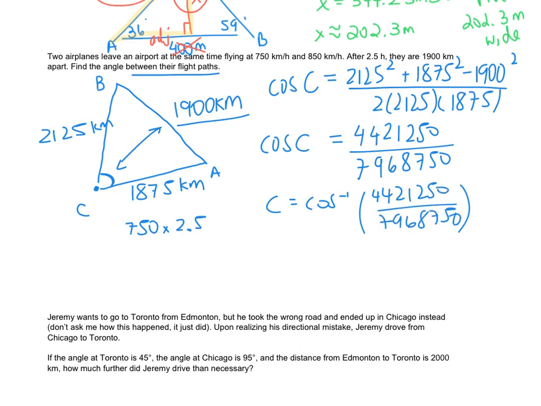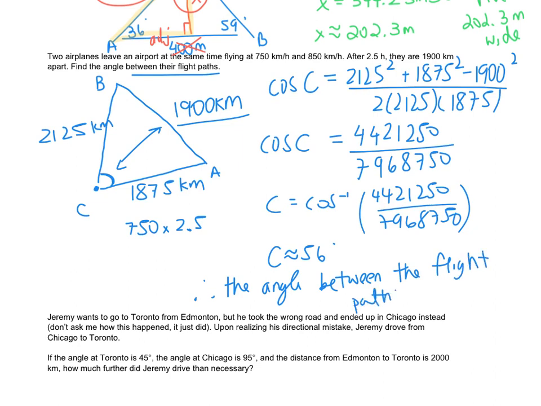And when we do that, we should get approximately 56 degrees. So therefore, the angle between the flight paths is 56 degrees. Now that's it.